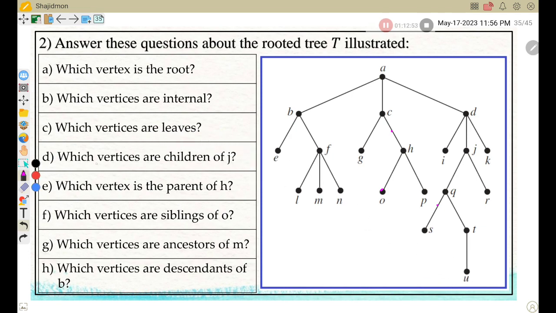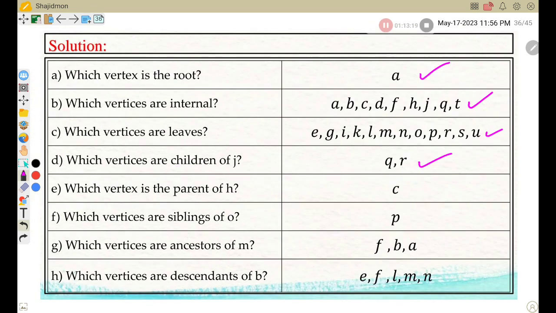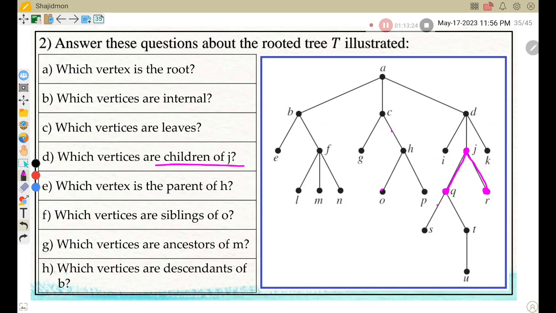Okay, now next question. Which vertices are the children of J? Correct. So J, you can see that J here. Yeah, this one. Okay, which vertices are the children of J? What are the children of J? Q and R. Okay, Q and R are the children of the vertex J. Hope you understood.